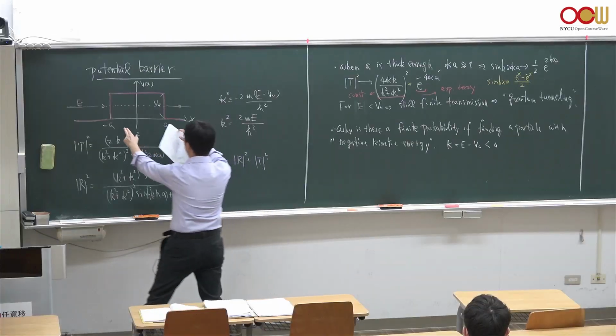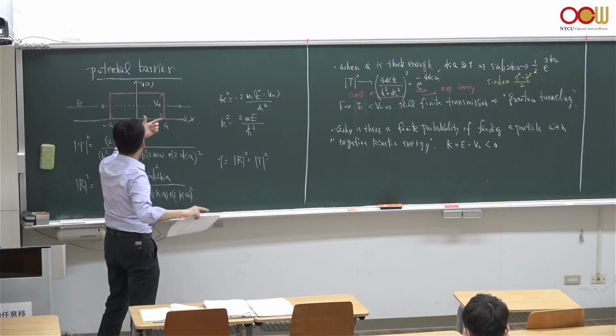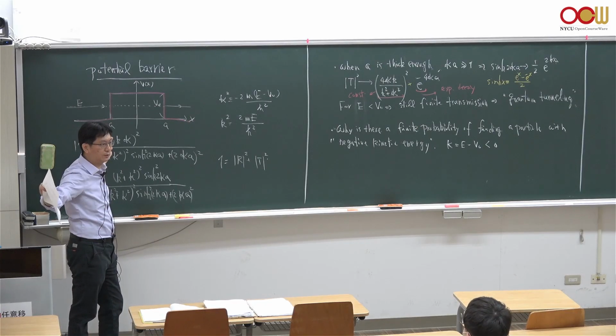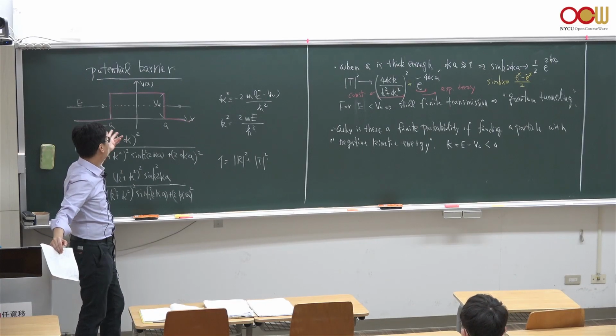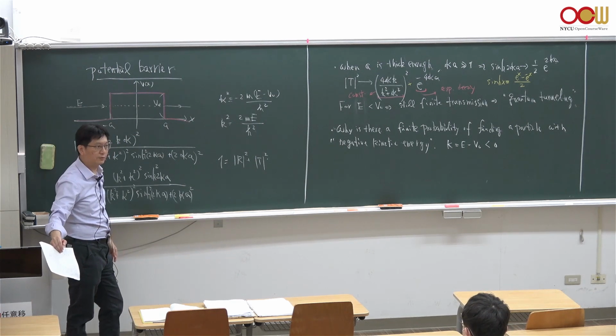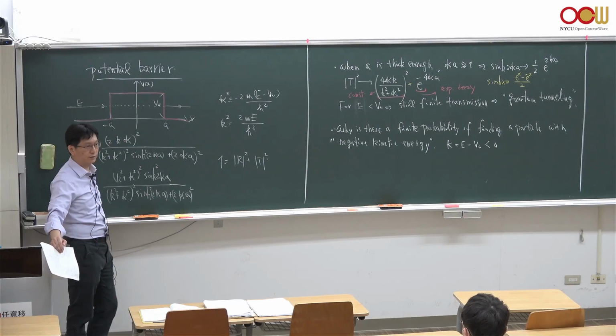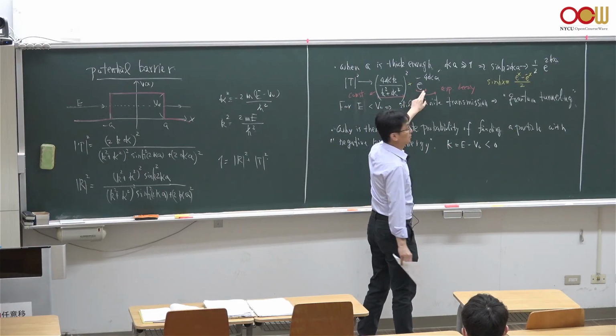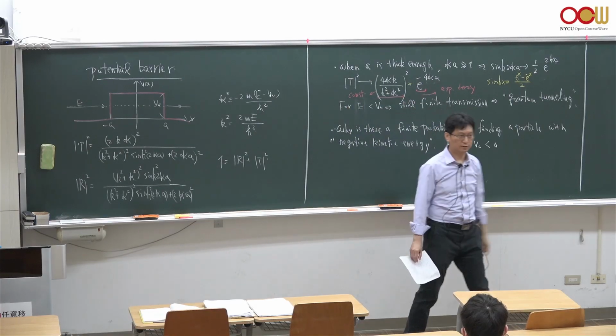You can think of a situation where a is very large and this is a very wide barrier. Of course, for a very wide barrier, the particle cannot easily penetrate through. So the thicker the barrier is, the harder it is for the particle to penetrate. That explains why T squared decays exponentially with increasing little a.